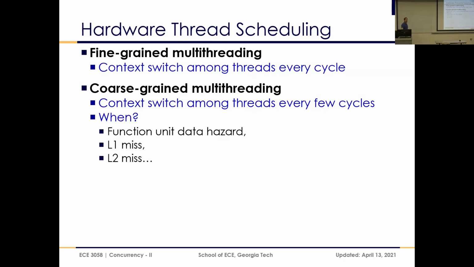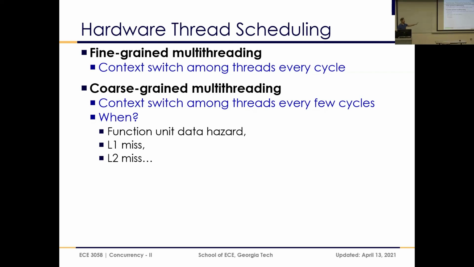We already talked about some reasons why you might want to switch something out. We were saying there might be interrupts. Here are some more reasons. A functional unit data hazard. If you have a data hazard, instead of stalling, you might have a queue of threads that are still in hardware, waiting to go into the CPU. Does that make sense? And so that lowers the overhead to bring those in and switch them out.